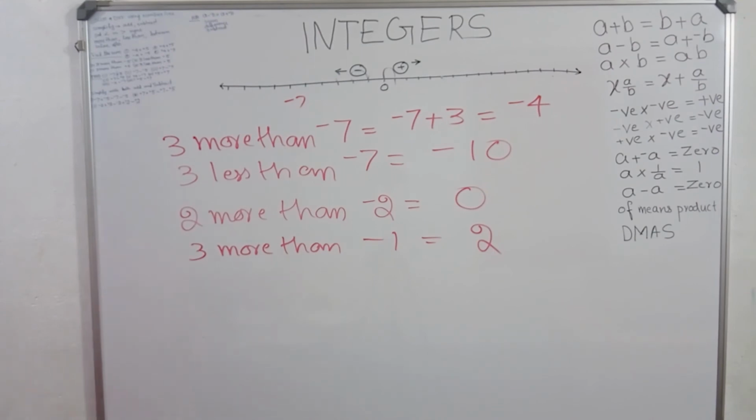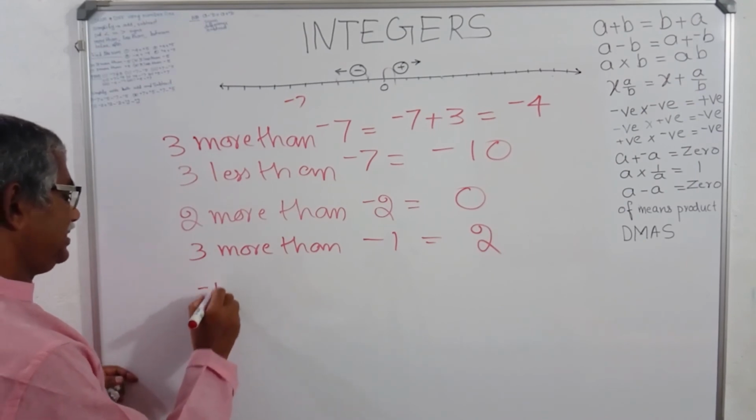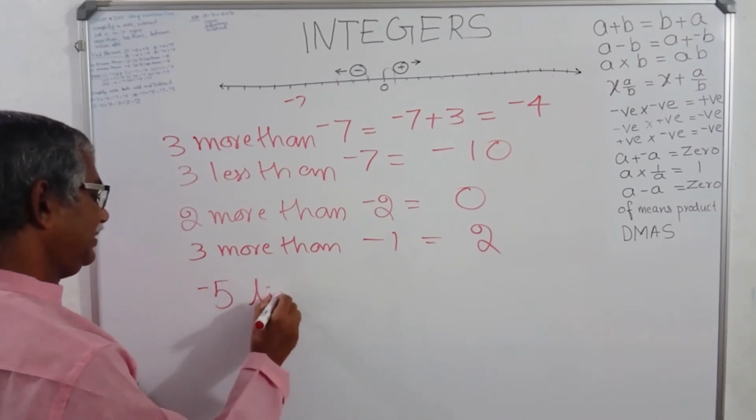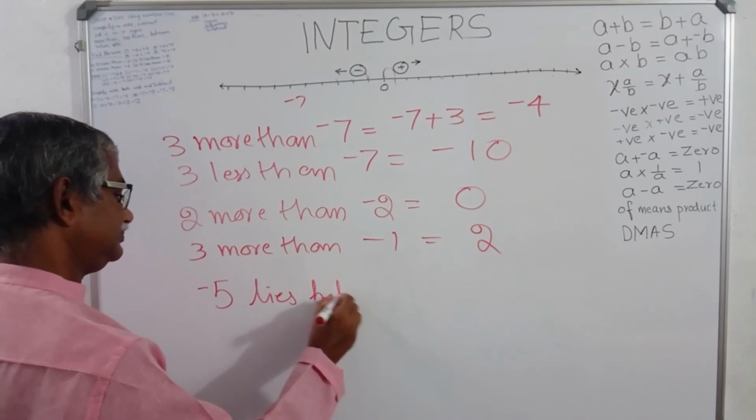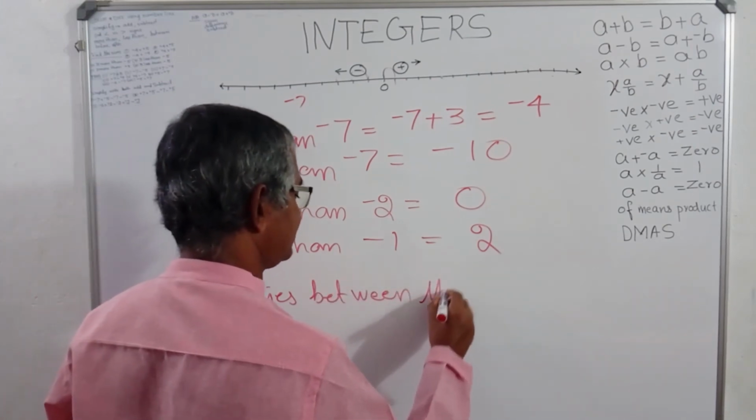What do you mean by between? -5 lies between the integers.